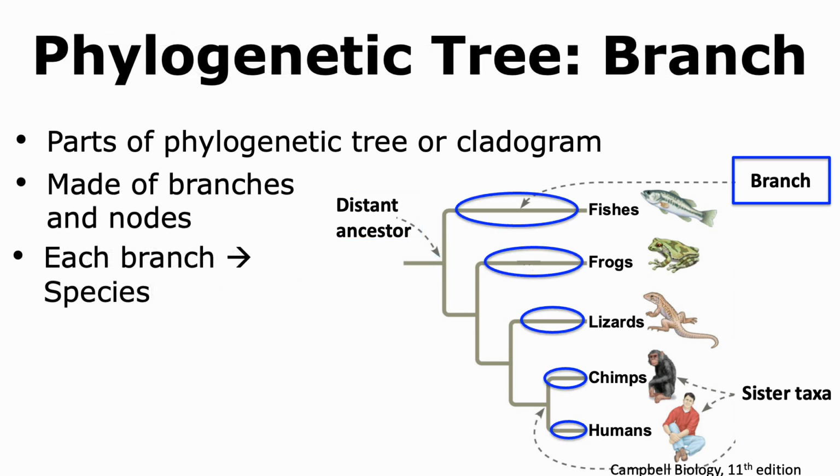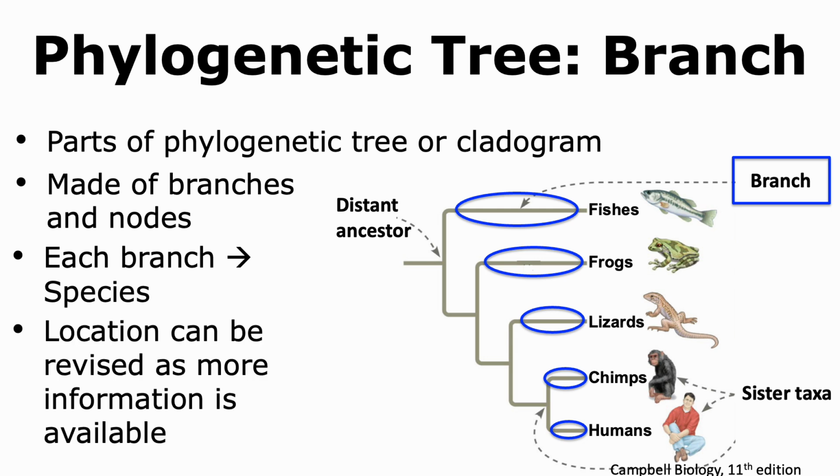Branches, on the other hand, show species at the end of them. The location of a species or a branch can be revised based on the information that is available because each branch is considered a hypothesis. Thus, it is a prediction of the evolutionary relationship of that specific species in relation to the other species present on the phylogenetic tree.